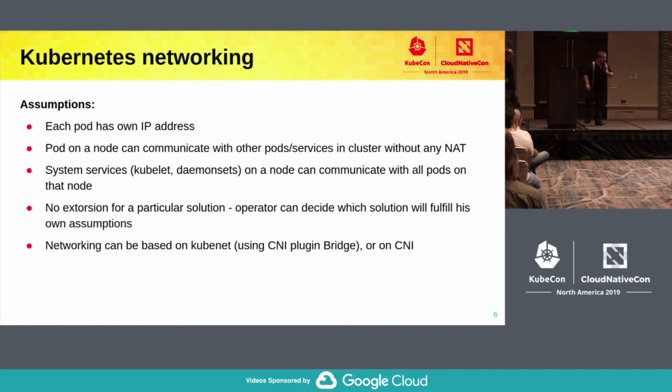Basically, I already said about this assumption. Kubernetes is expecting from the runtime that it will add to the pod some IP address, and that it will be available without any network translation, NAT.